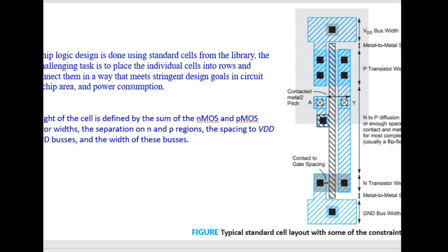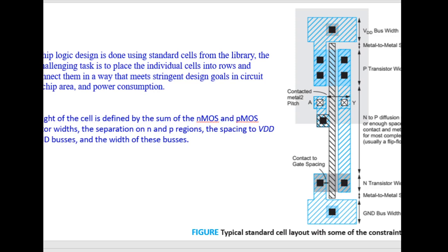ground, and in between power supply and ground you have the main component. This is generally the PMOS, P transistor area, and this is the NMOS transistor area, and this one is the metal line that connects the P transistor area with the N transistor area.